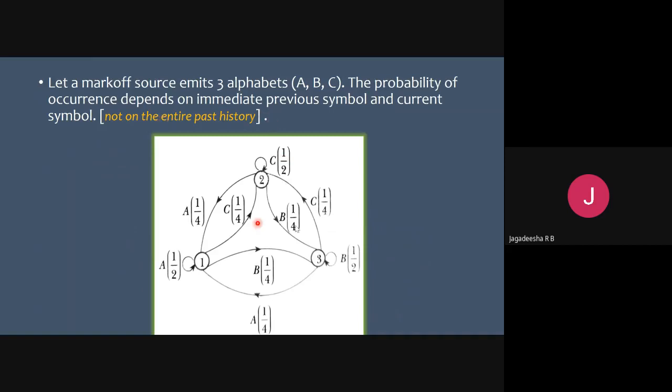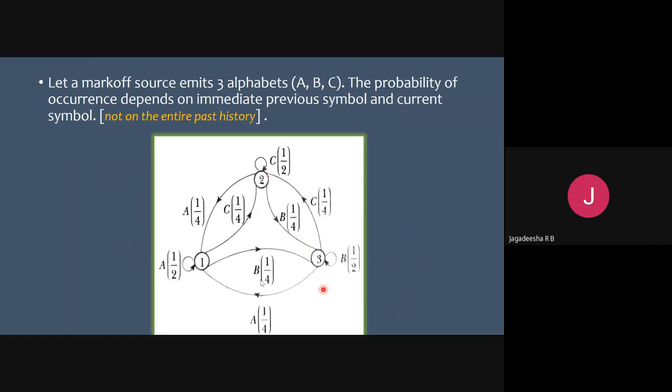Okay, we have a detailed diagram here. From the previous discussion, you must be able to understand the meaning of this state diagram. There are three different states mentioned here. This circle indicates a state. For example, currently the source is in state 1, or it is in state 2, or it's in state 3.